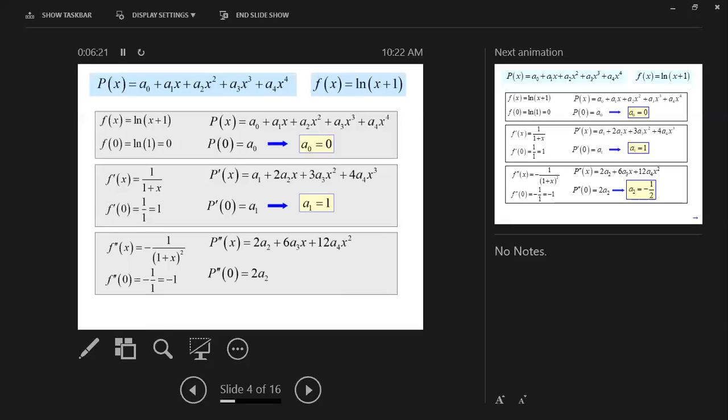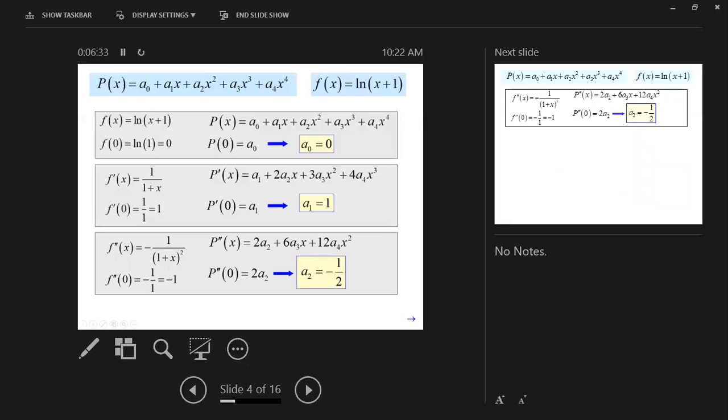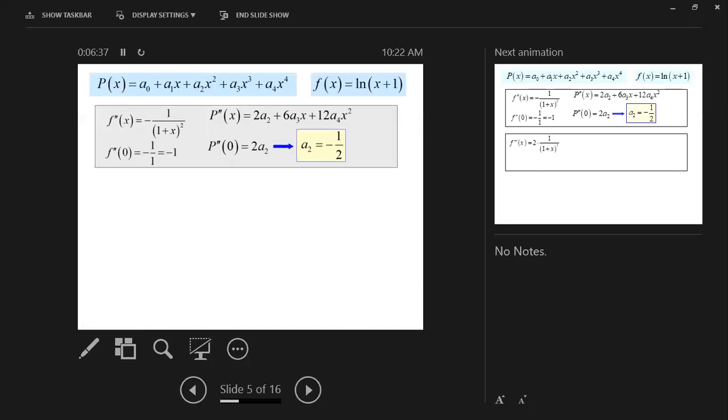So now I want both the function's second derivative and the polynomial's second derivative to be the same in order for these functions to kind of look like each other. So when I set them equal to each other, I get a sub 2 is equal to negative 1/2. If you think you kind of see the pattern going on here, why don't you continue? See if you can go and get a sub 3 and a sub 4 if you want to pause me now and try that.